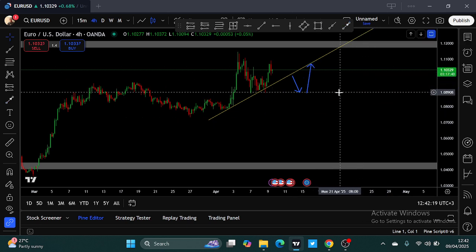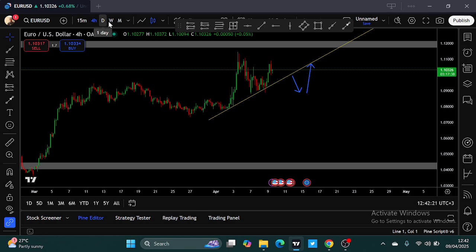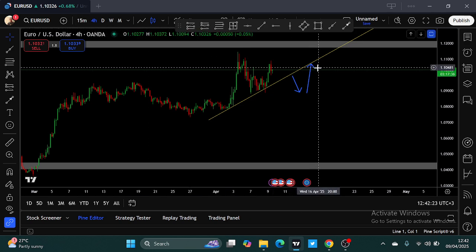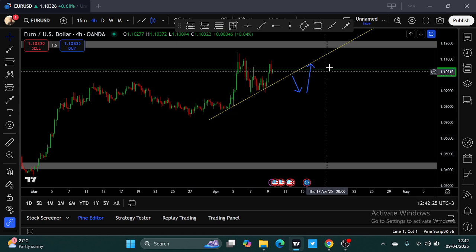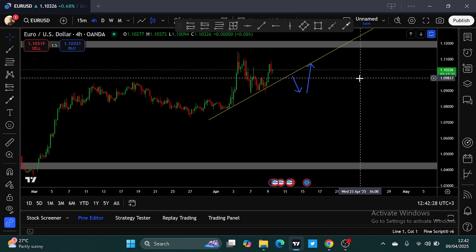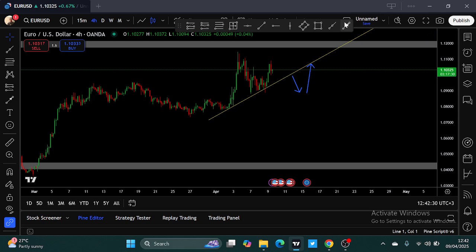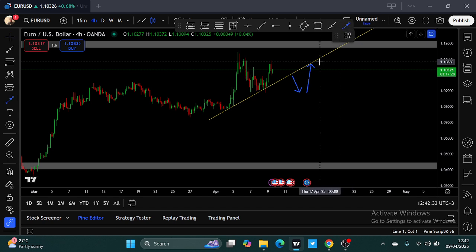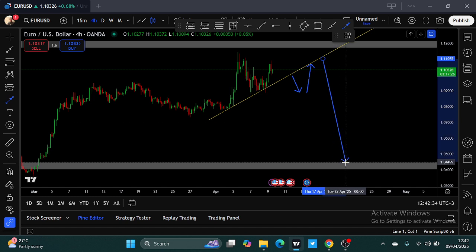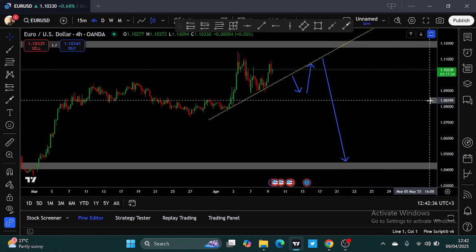That is when I go to the 15 minutes time frame to look for a change of character to the downside, and then I'm going to enter for a long sell up to here. Guys, that is how I like to trade this.